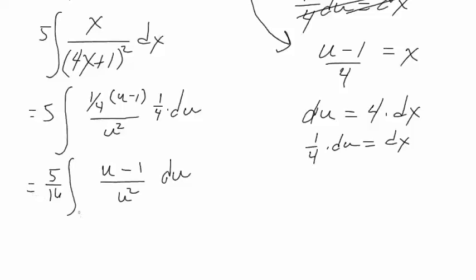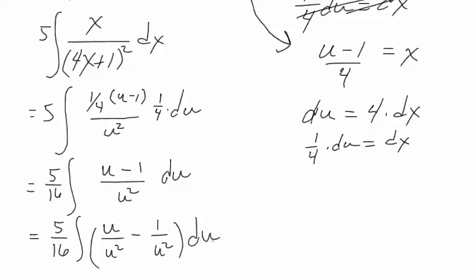Now look what's going to take place here. We're going to end up having to break this up, 5/16. So this is u over u squared minus 1 over u squared du.